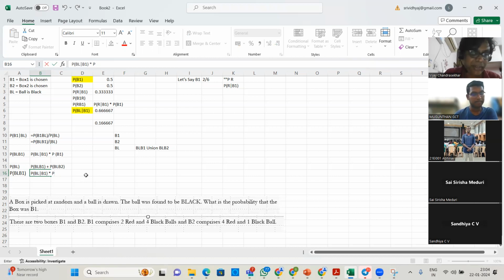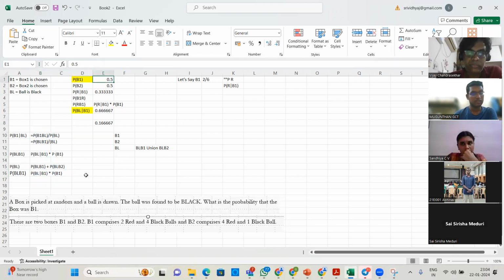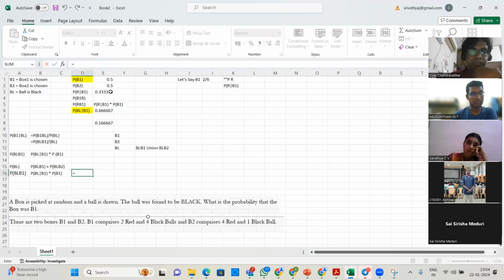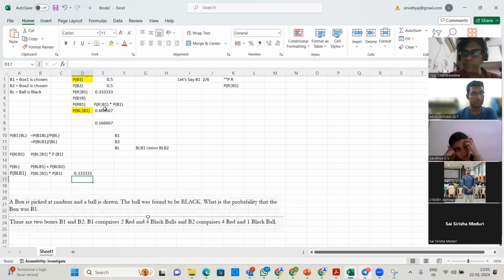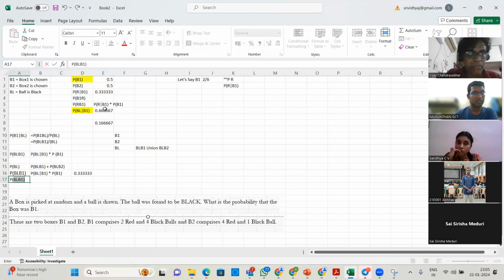It's easier because you have everything available. Don't you see that? BL given B1, here it is. Then probability of B1, here you go. So this is nothing but this multiplied by this. All right. Okay, this is done.